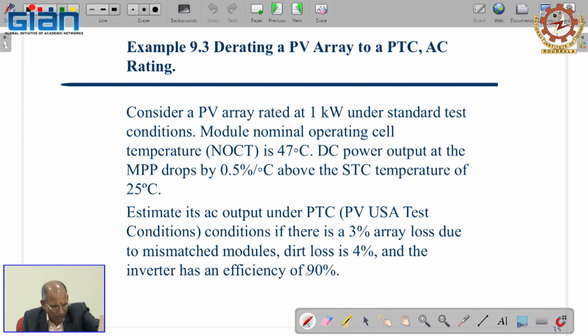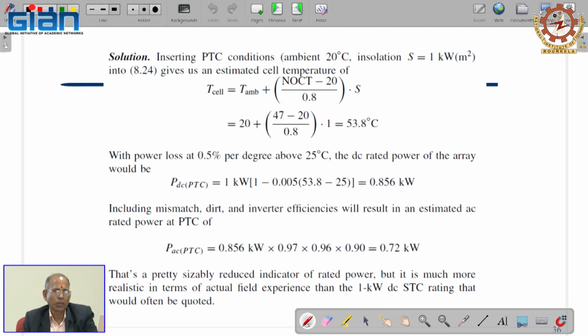So here, just to explain a quick concept, based on the conditions we calculated the cell temperature. So the cell temperature is 53.8 degrees.